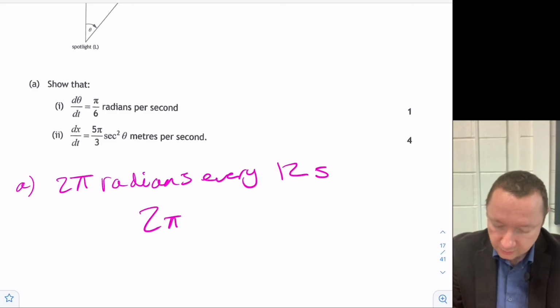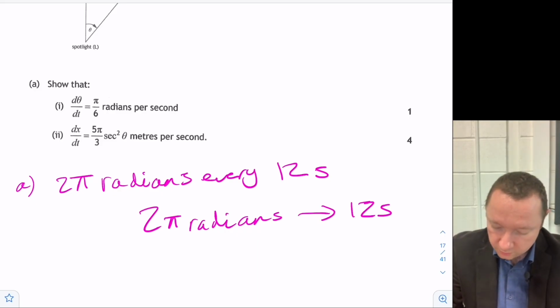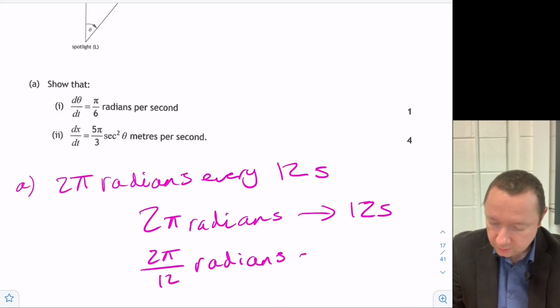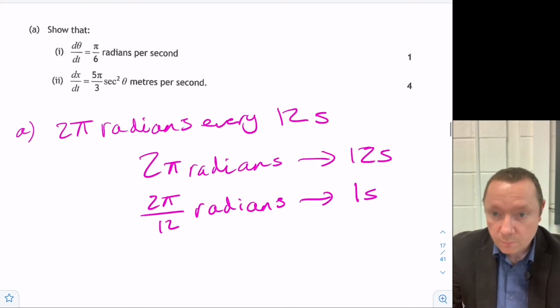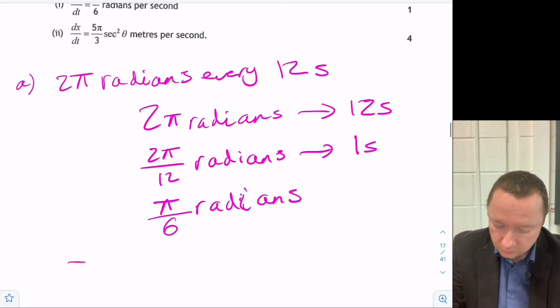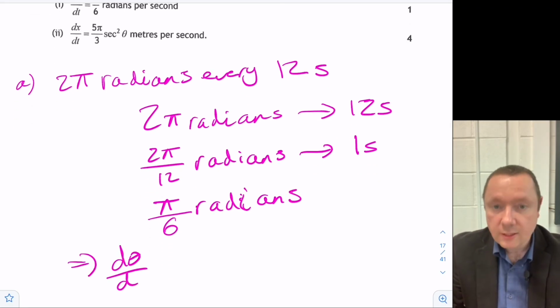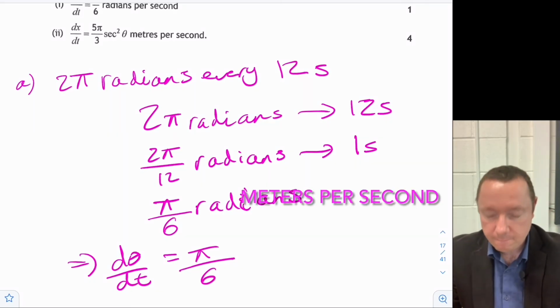So 2 pi radians in 12 seconds means you've got 2 pi over 12 radians in 1 second. Simplifying that gives us pi over 6 radians. And therefore, d theta by dt is simply pi over 6. Nice and simple there.